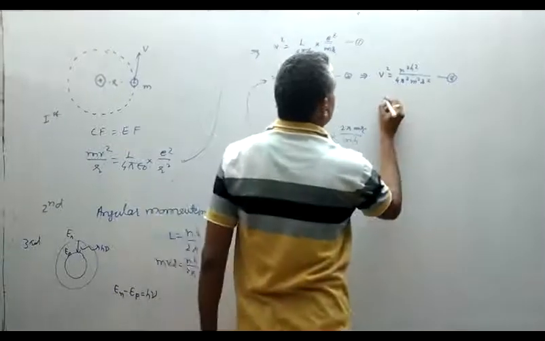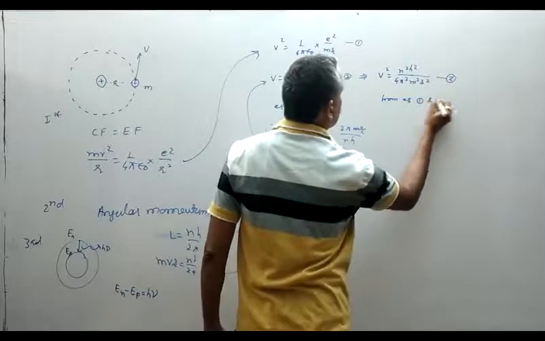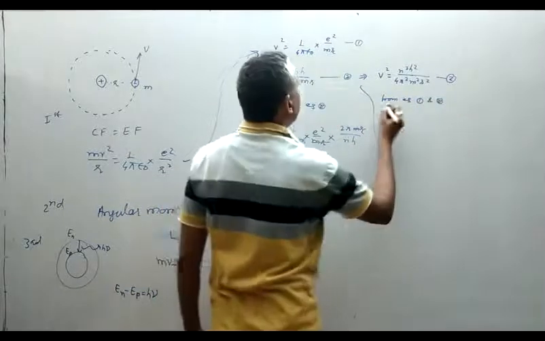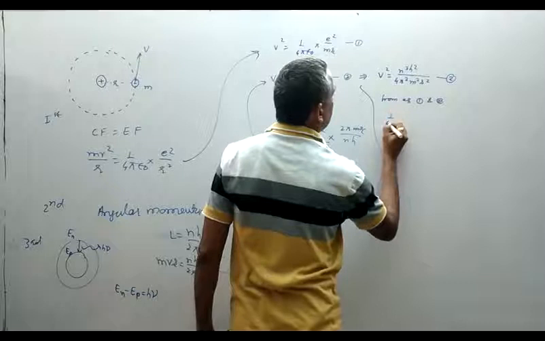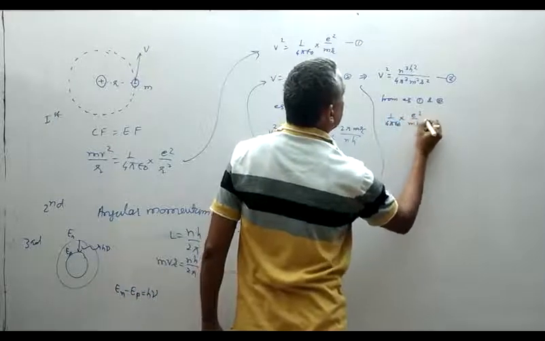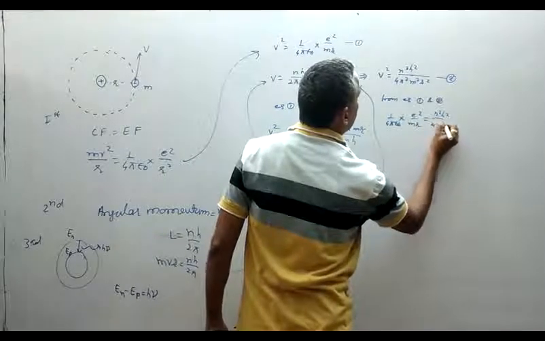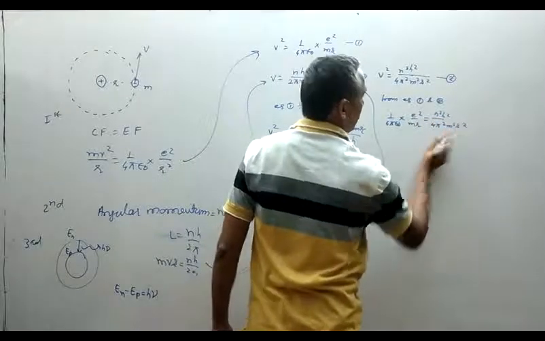So from equation 1 and 2, we can write 1 upon 4 pi epsilon 0 multiplied by e square upon mr is equal to n square h square upon 4 pi square m square r square.